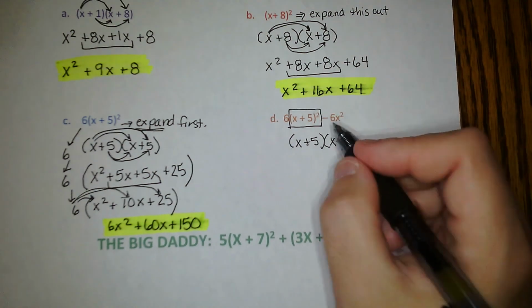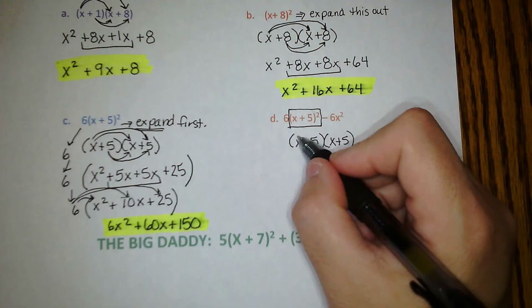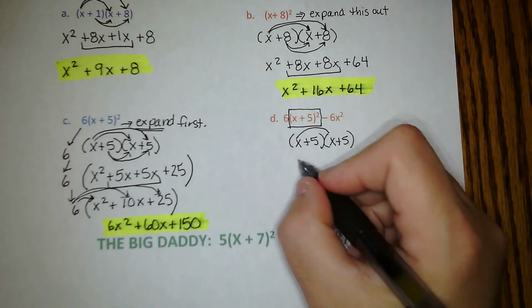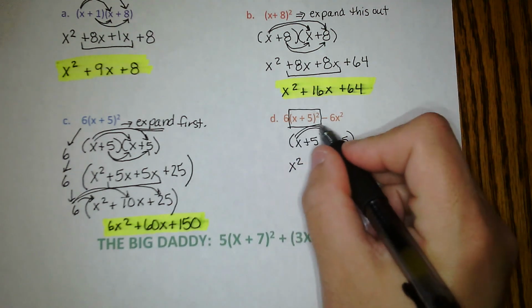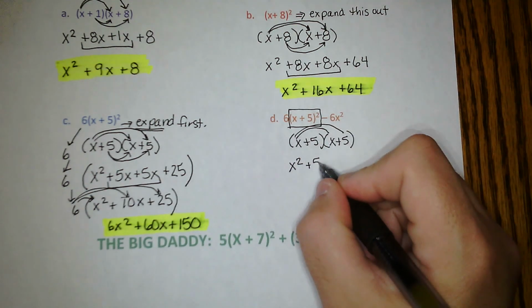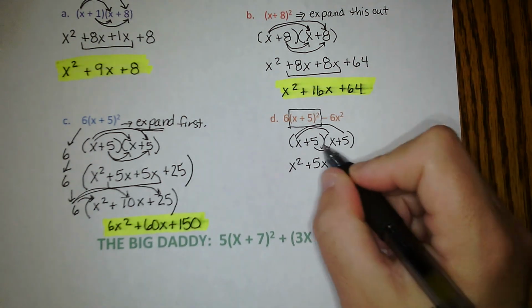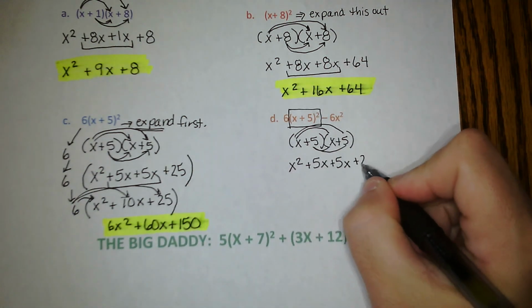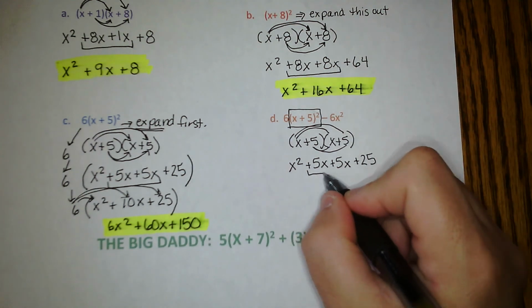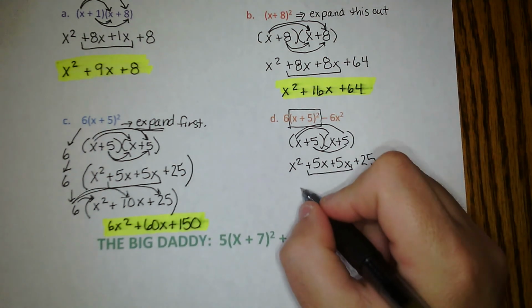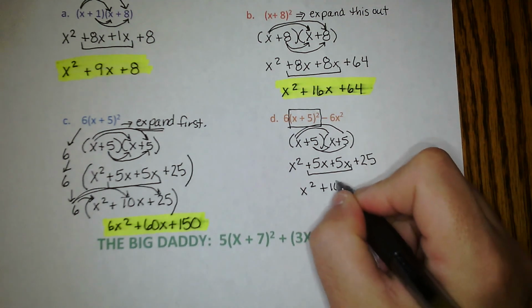We are going to distribute: x squared plus 5x. Start here, go under 5x and 25. We're going to combine our like terms here, and that's going to give us x squared plus 10x plus 25.